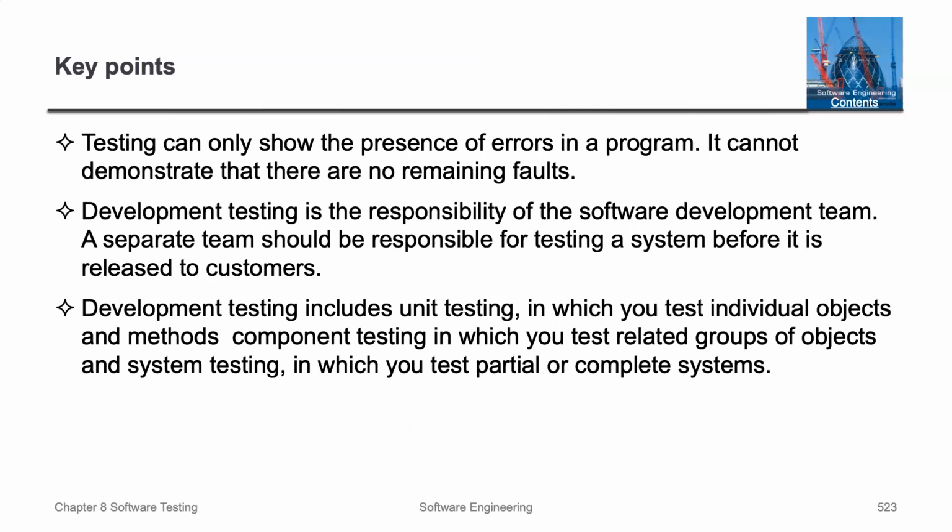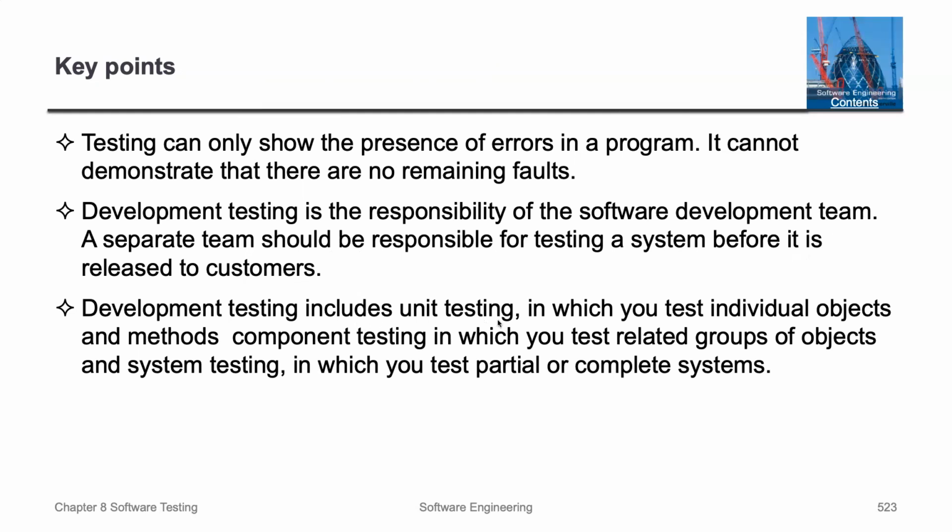Testing can only show the presence of errors in the program. It cannot demonstrate there are no remaining faults. That's an important thing to keep in mind. Development testing is the responsibility of the software development team. A separate team should be responsible for testing the system before it is released to customers.